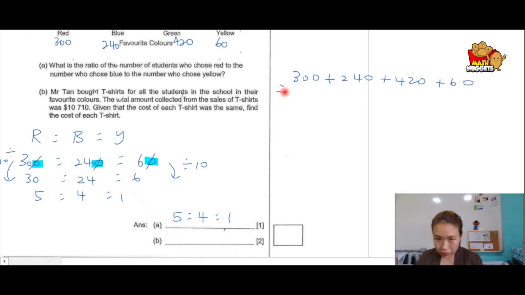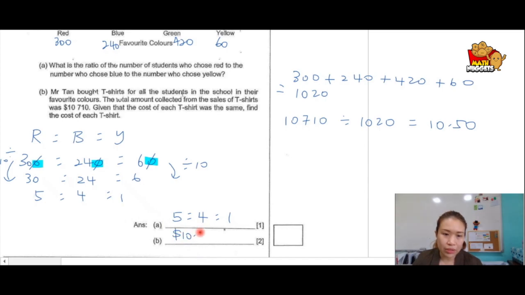This will give us the total number of students, which is 1,020 students. So if the total cost of the t-shirts was 10,710, and we know that there are 1,020 students, you know that each t-shirt costs $10.50.